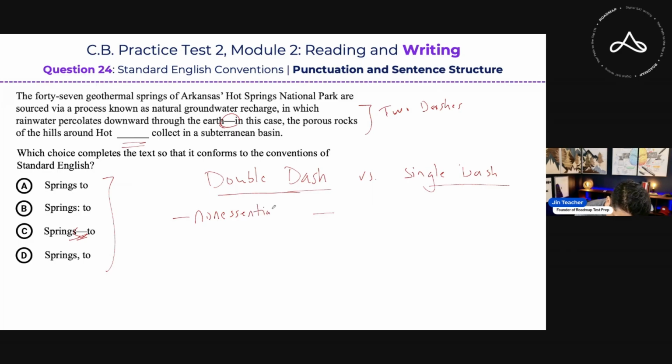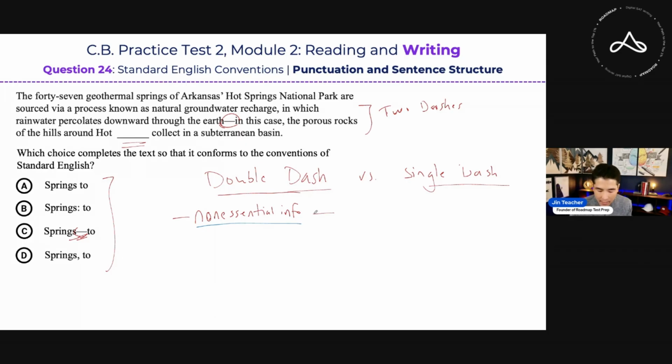Non-essential information is a very important concept that you have to know extremely well to score highly on the verbal section of the SAT. In its basic form, non-essential information just means it's not necessary in this sentence.